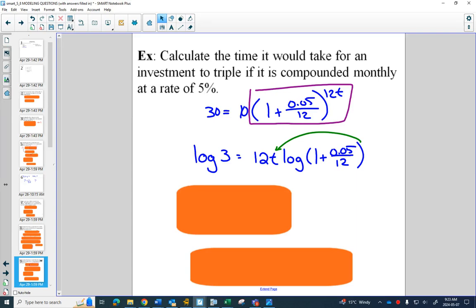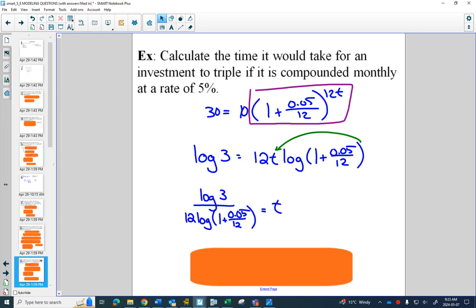Yeah, so if I borrowed 10 million from some rich person that wants to help my students learn math. That's the idea, right? Now I solve for this. Again, here's the t. It's no longer in the exponent, so you can divide by the 12 and divide by the log, get t by itself.